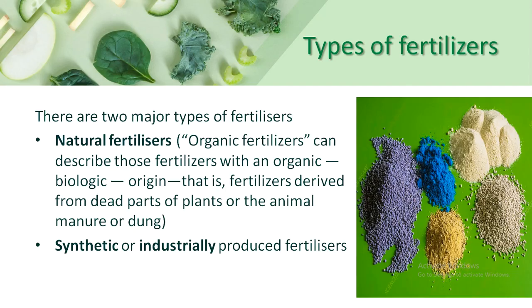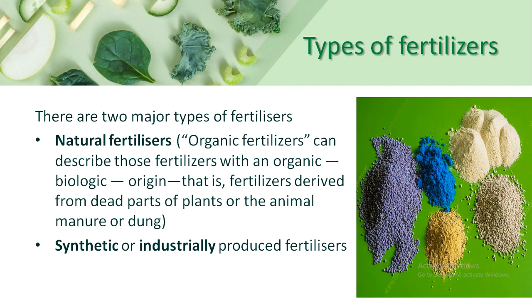So there are basically two types of fertilizers. One is natural fertilizers, which are also called organic fertilizers. They are fertilizers of organic, biological origin, that is, fertilizers derived from dead parts of plants or animal manure or dung.